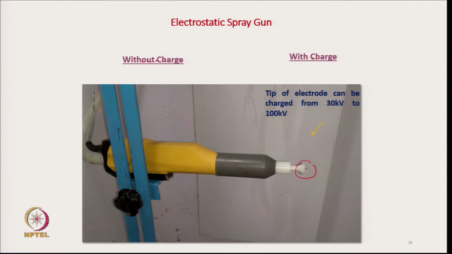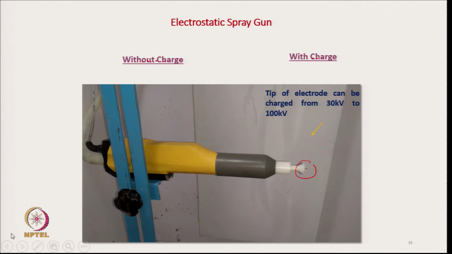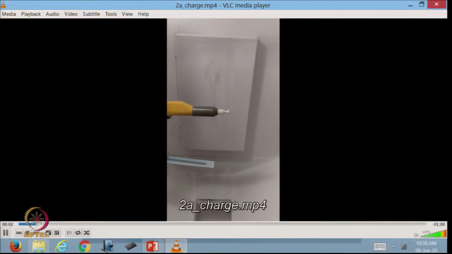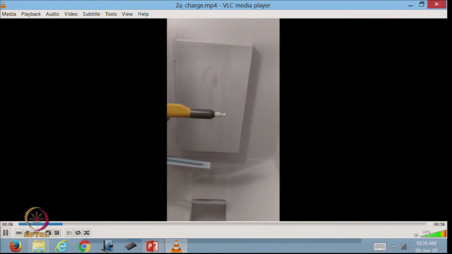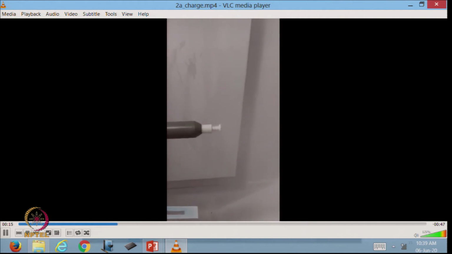Now, once there is a charge, let us see what is happening. Now charge is applied here. We can see the coating efficiency is very good.